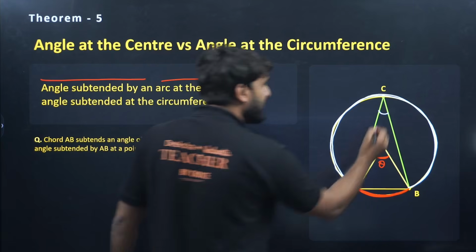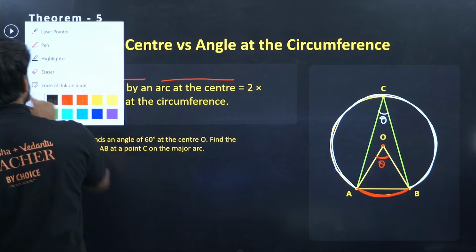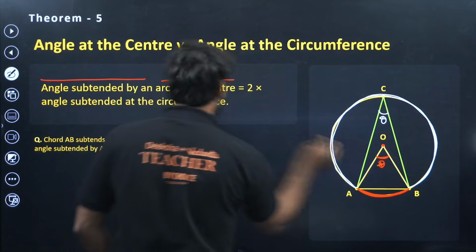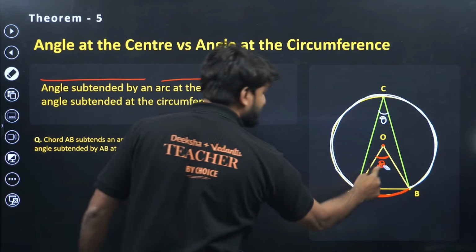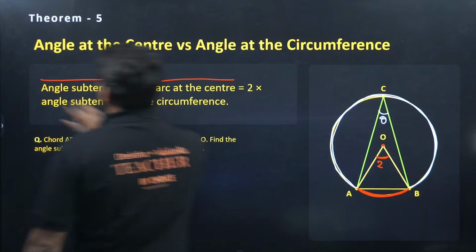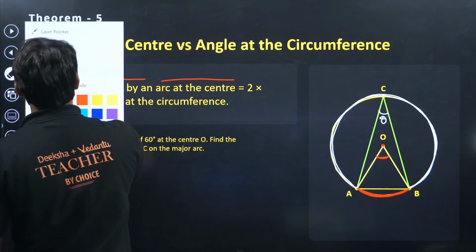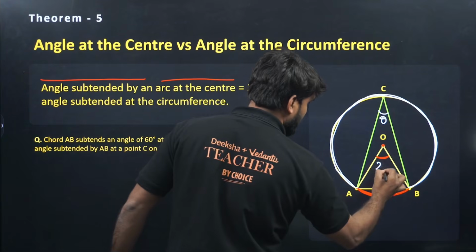Or we can say, if I'm taking this as theta, it has to be 2 theta. So the angle at the center is twice the angle. So this will be 2 theta.